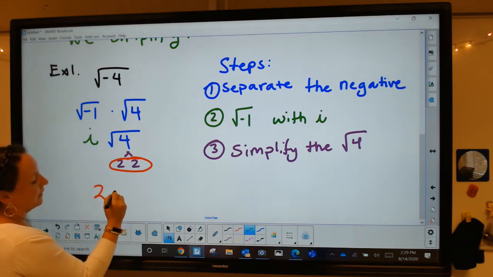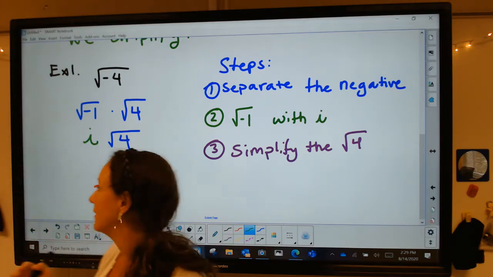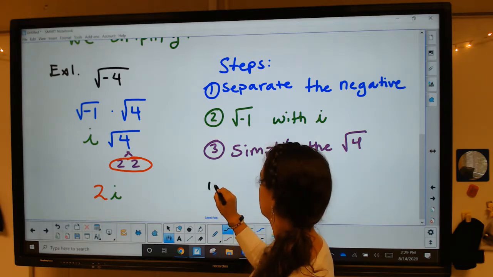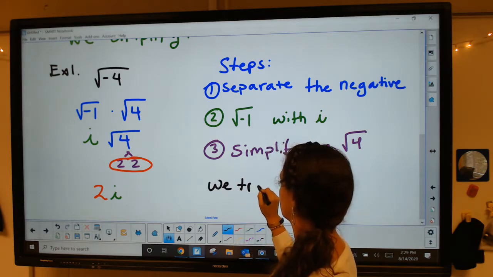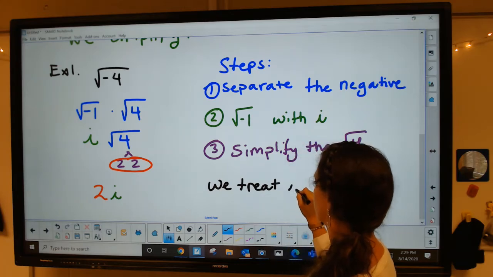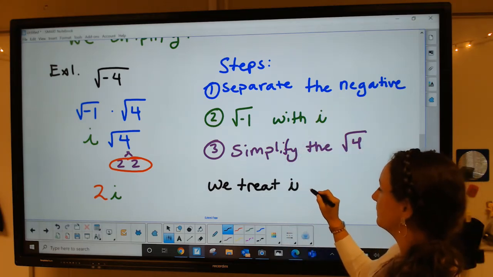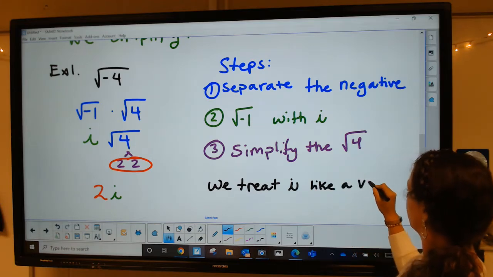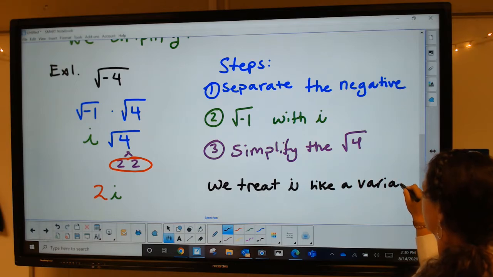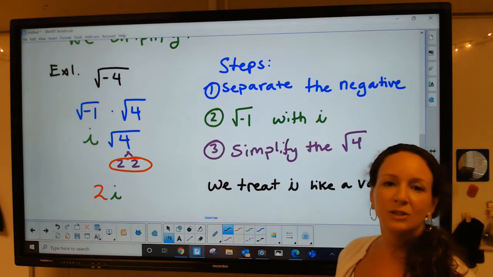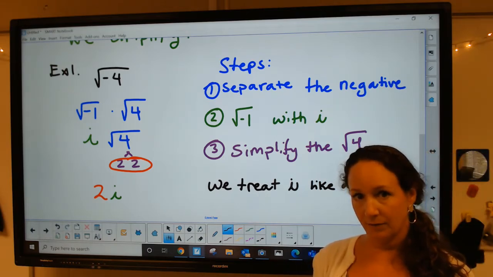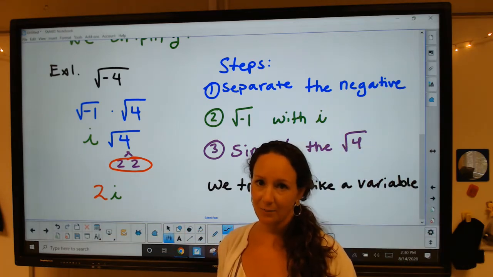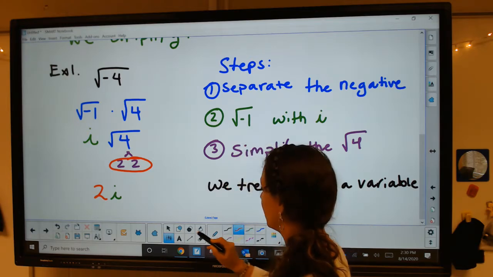And the i is going to move behind the number. We treat i sort of like a variable. Just like if you were to see 2x, the variable always comes after the number. That's exactly how we're going to use the i property. So this would be your final answer.